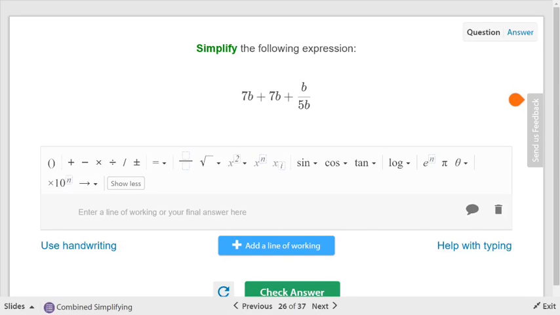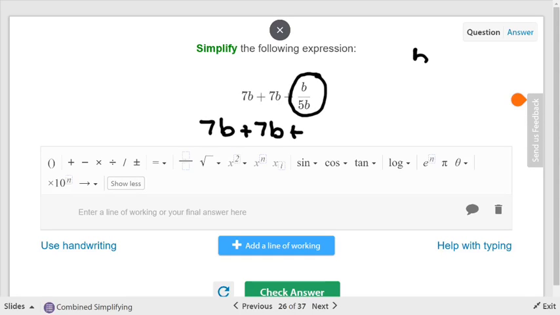This one's pretty evil, but it says to simplify. Simplify means apply the order of operations. So do you see any brackets? No. Next you look for multiplication or division. Do you see any? Yes, this is division, isn't it? So what I'm going to do is just bring down everything else. Okay? Is that a plus? Yeah, that's a plus.